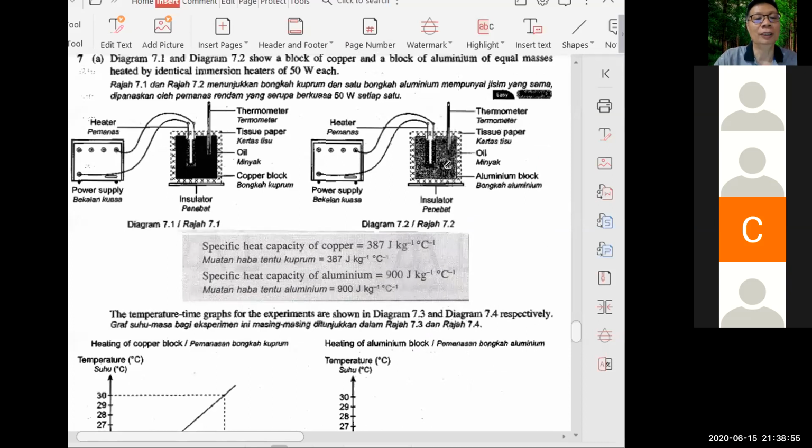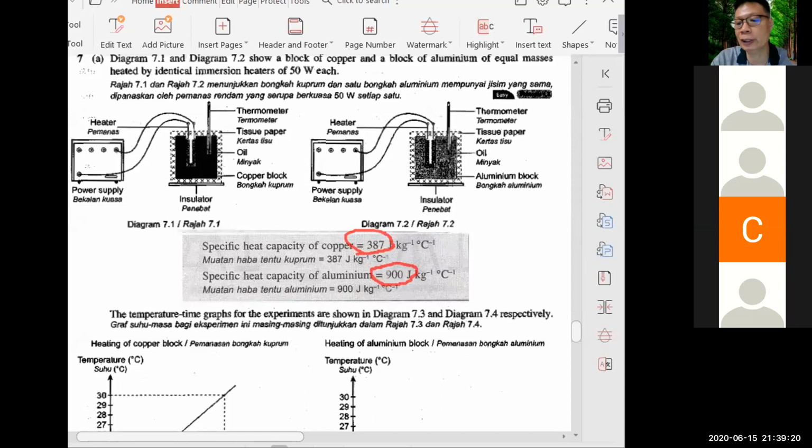Okay, now you look at here. Copper specific heat capacity 387. Specific heat capacity of aluminum 900. Now I want to ask you, which gets hot faster, copper or aluminum? Copper specific heat capacity is 387 only.